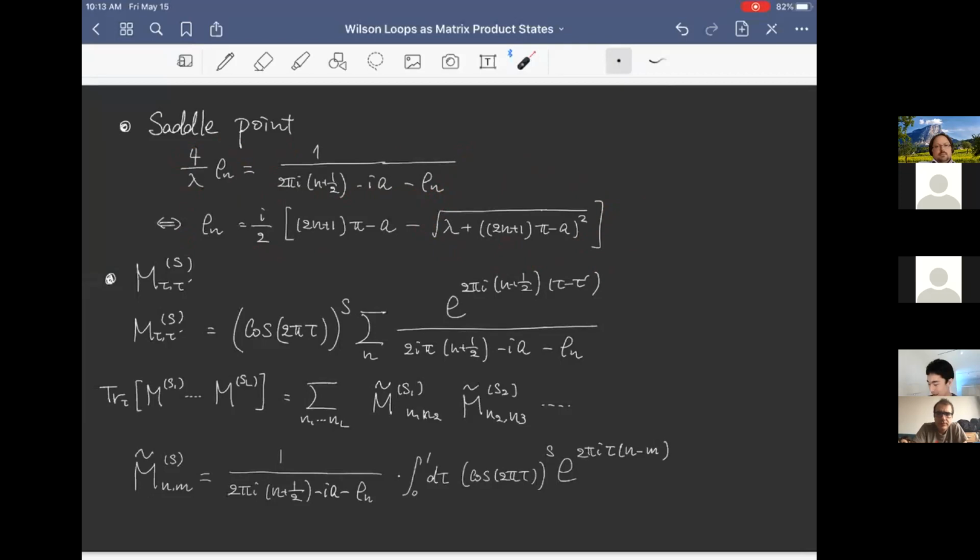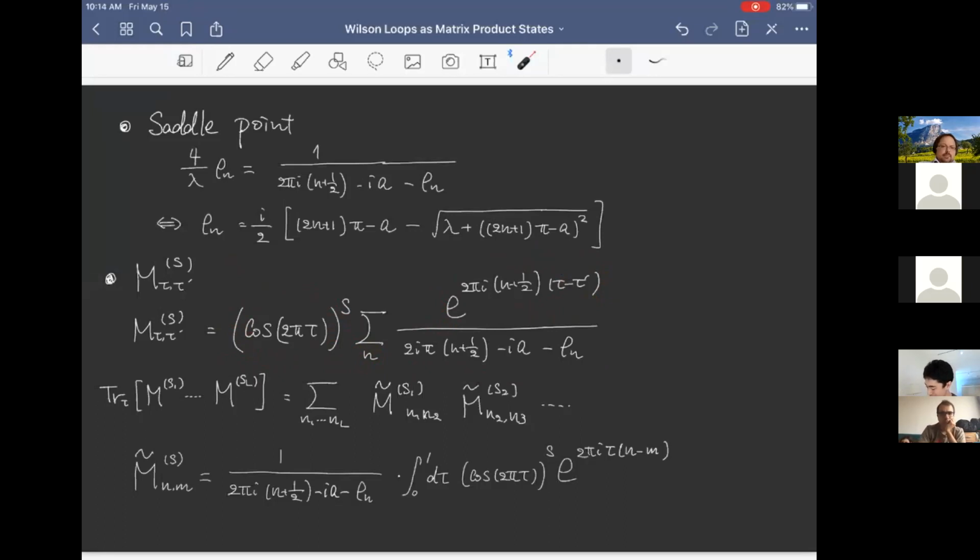Now, I just plug that expression into this matrix product state. In particular, if I focus on the particular SL2 sector that I introduced earlier, and furthermore insert the operator at the origin, I get this explicit expression for the circular Wilson loop. This matrix itself contains n, but its dependence on tau is now simple because you just have an exponential and you only have cosine here.